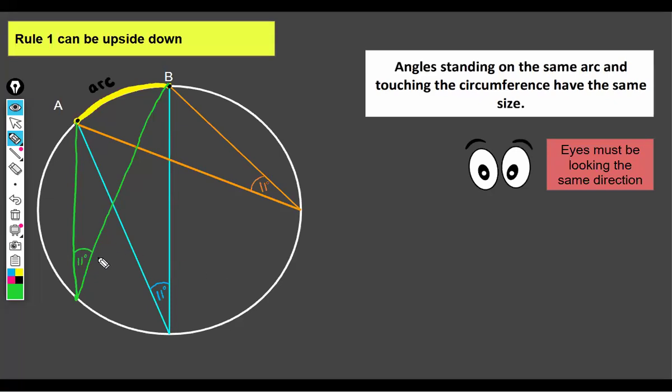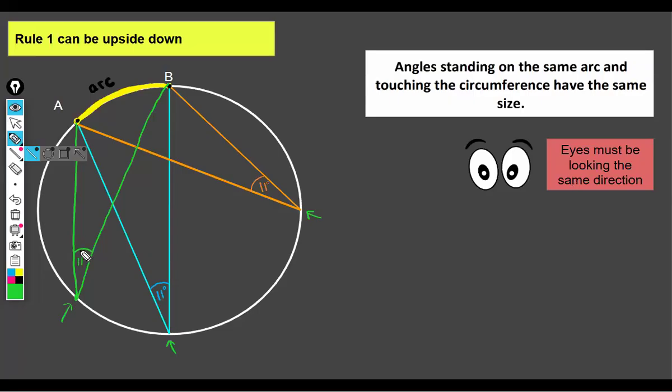Quick question. Are the green, blue, and orange eyes all looking in the same direction? Yes or no? We know all of them start at A, finish at B, and touch the circumference. But just to be 100% sure, are all 3 eyes looking in the same direction?